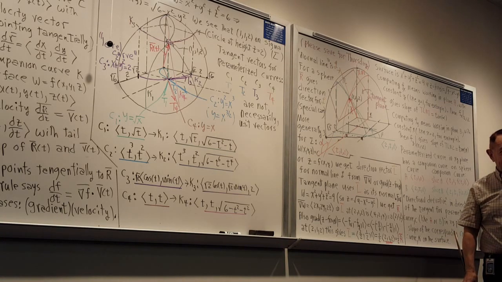Well, 0, comma 1 if you're writing it that way, or 0i plus j if you said it like engineers.